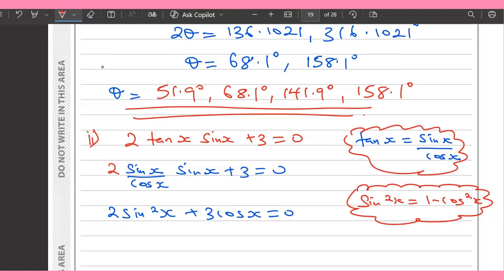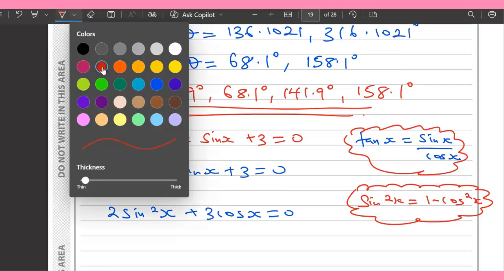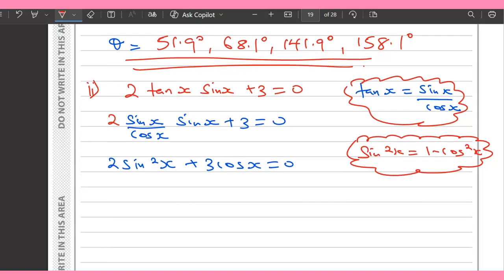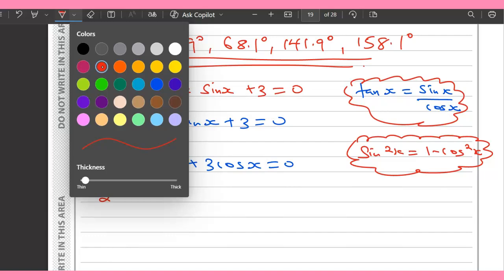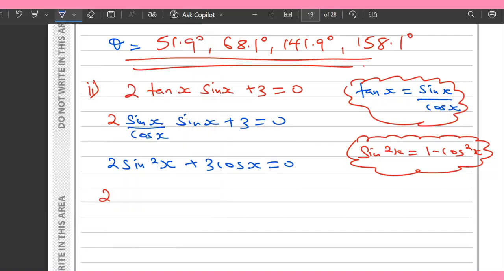So replacing sine squared x with 1 minus cos squared x so that we have a uniform trigonometric ratio, we'll have 2 into 1 minus cos squared x plus 3 cos x equals 0.